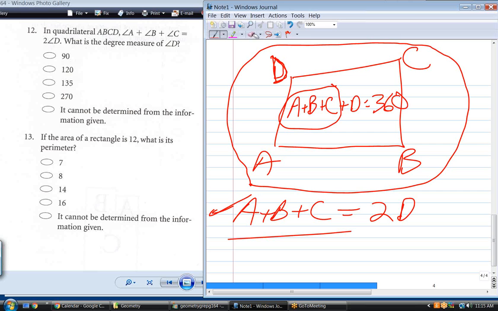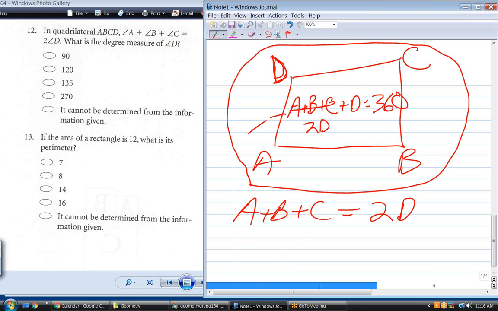I can go up into this equation that we know to be true and replace the A plus B plus C with a 2D, because we know this one is also true. So we're using substitution to solve this equation.